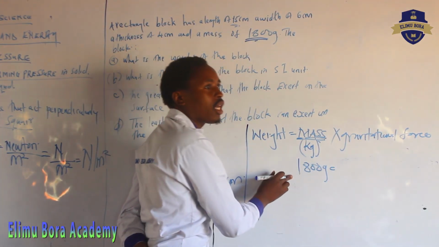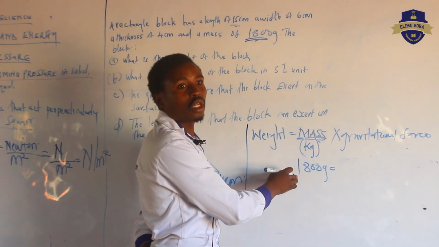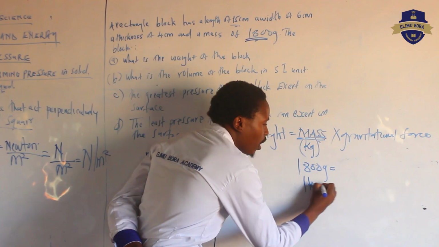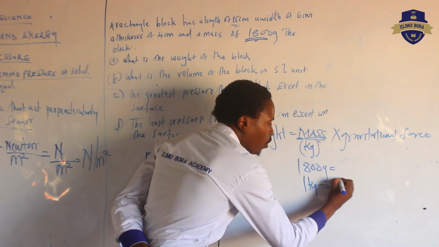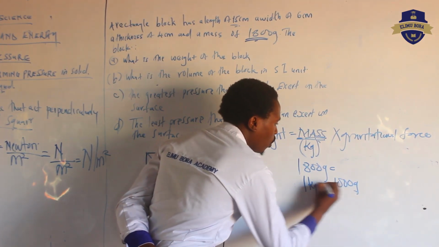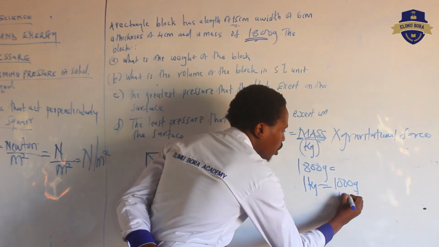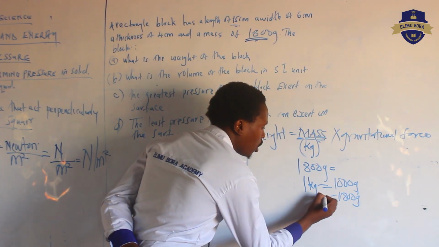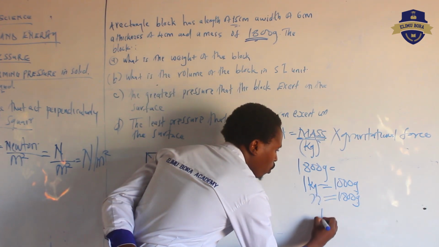So we convert this 1,800 into what? We know very well 1 kilogram is equivalent to how many grams? 1,000. So what about the 1,800 grams, the question mark?